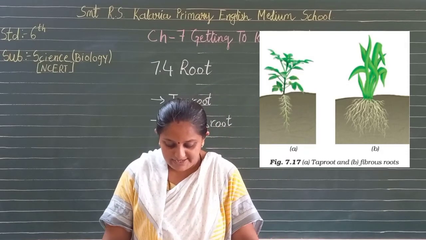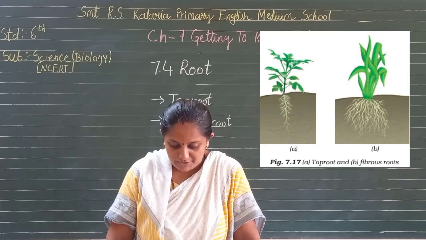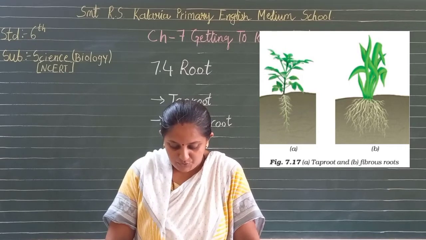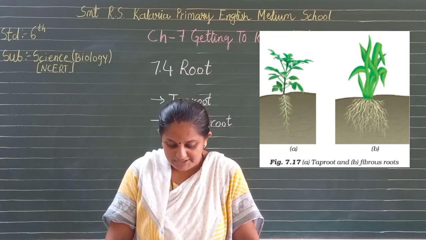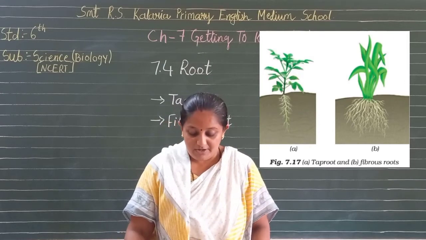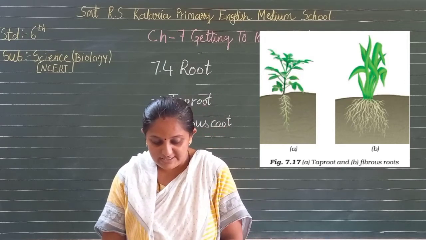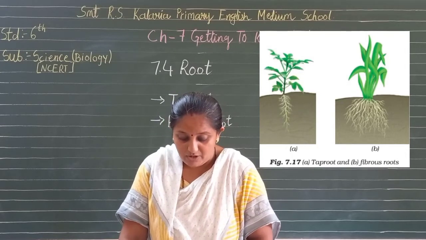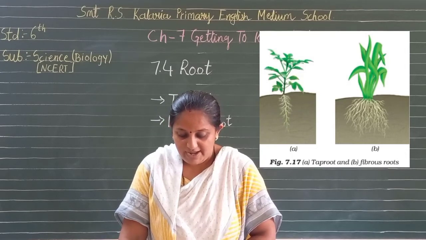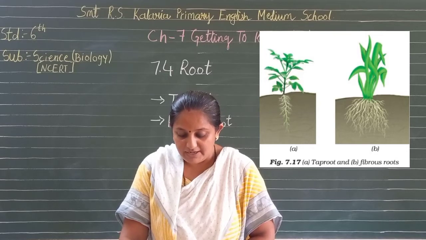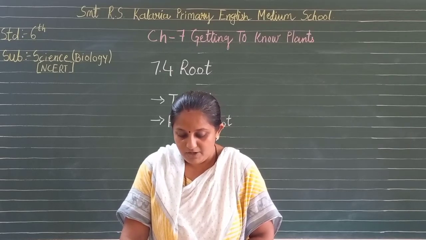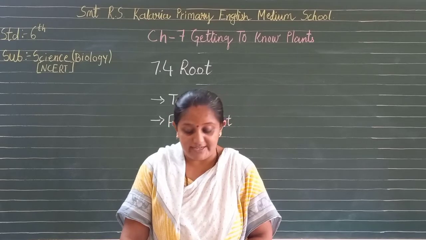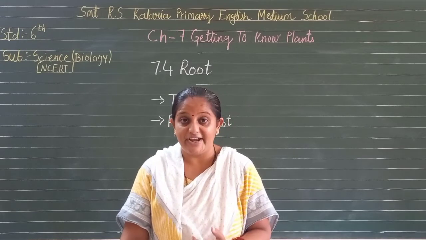Now Bujo has a brilliant idea. If he wants to know what kind of roots a plant has, he need not pull it out. He has just to look at its leaves. Dicotyledonous plants have taproots, like beets, carrots, moong, gram. Monocots have fibrous roots, we can say tomato, wheat, rice.